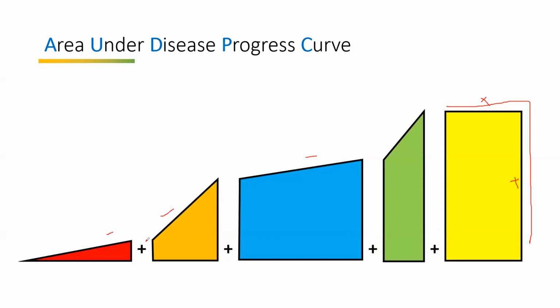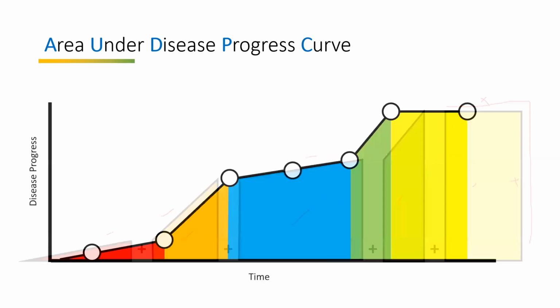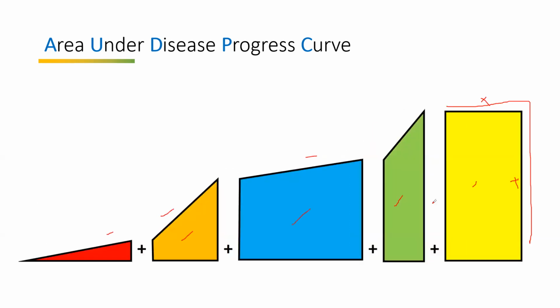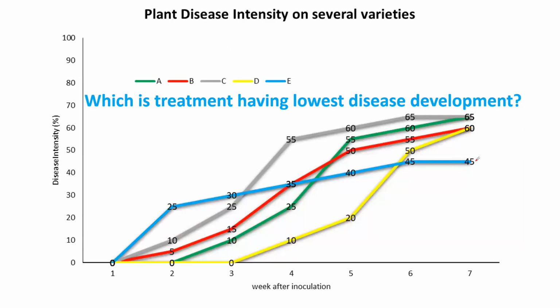You just need to sum the size of each area here. Then you have the size of the area under this progress curve. After that, you can compare it with the areas from other disease curves. So that's how we can answer which one is the highest and which one is the lowest, by calculating the size of the area under the progress curve.